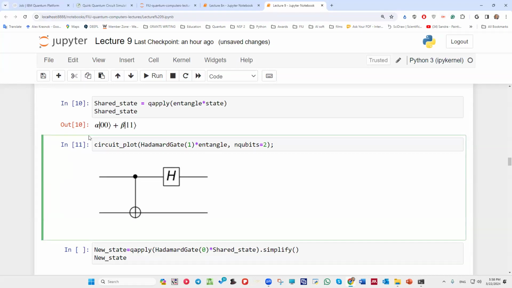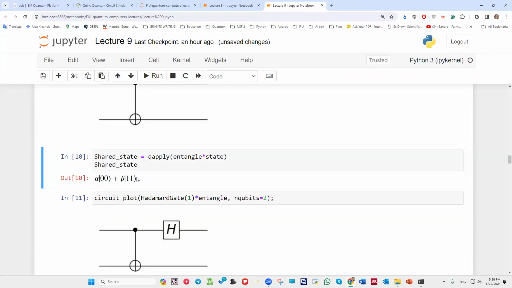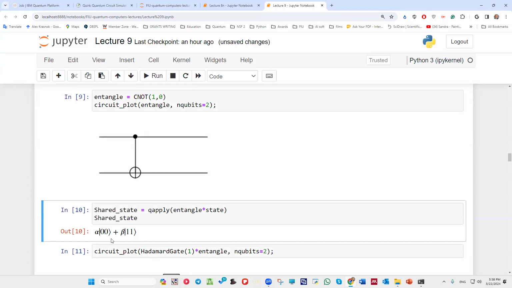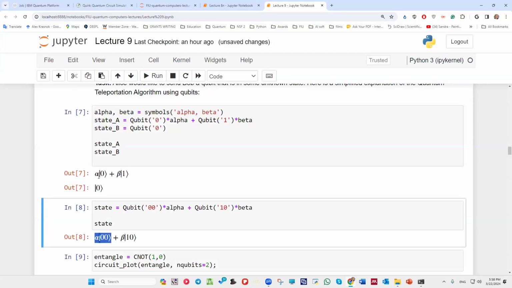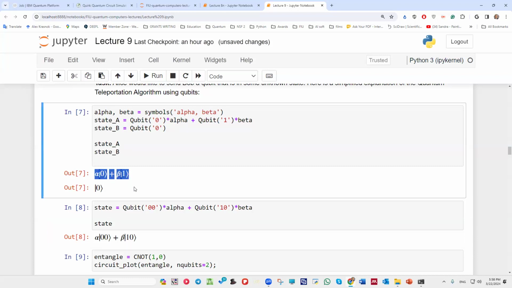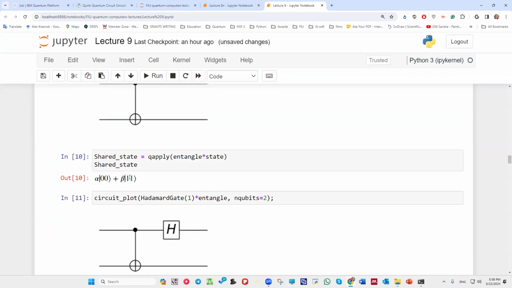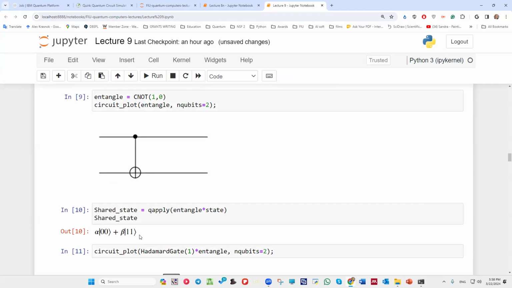So actually, before this, now Alice wants to send her state, which is, I repeat, alpha times 0 plus beta times 1. She wants to send this state to Bob. They created the entangled superposition state, this one. And what Alice can do now, she can just measure her qubit.